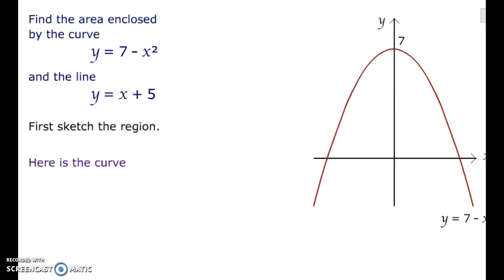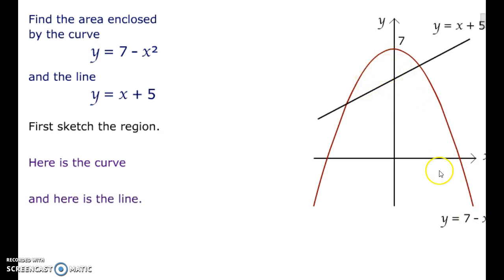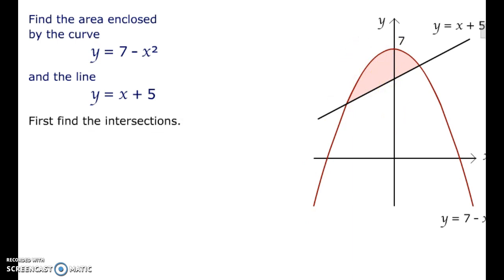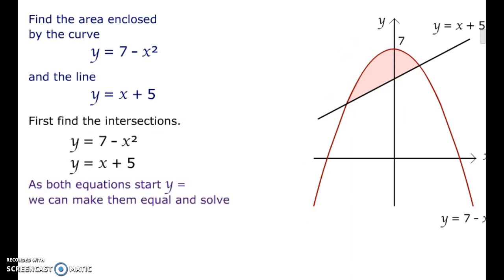First try to sketch if you know, and this is the line. This is the required area we need, this red area. But you need to see which is the upper curve and which is the lower curve, and then the points of intersection. So find the points of intersection first.